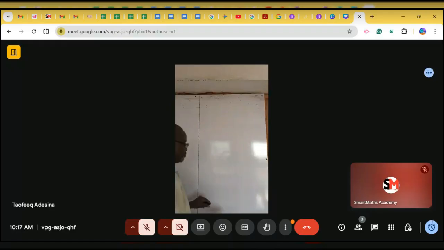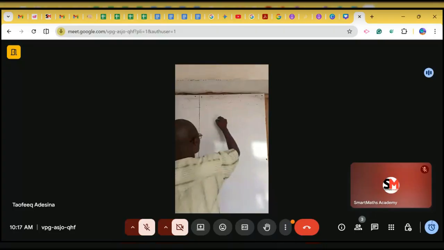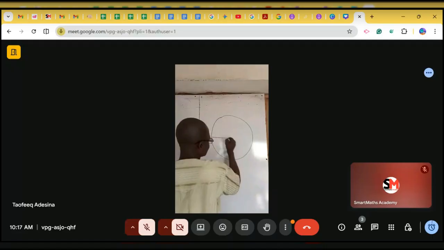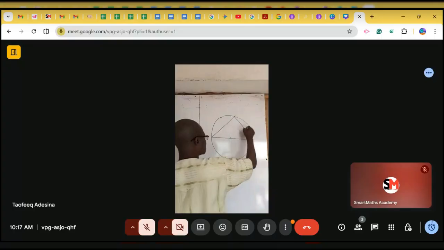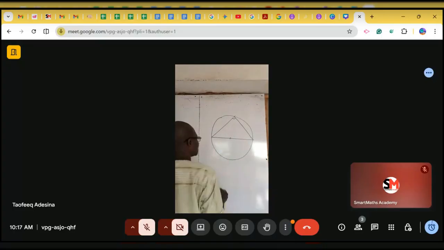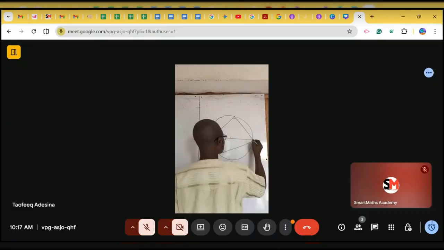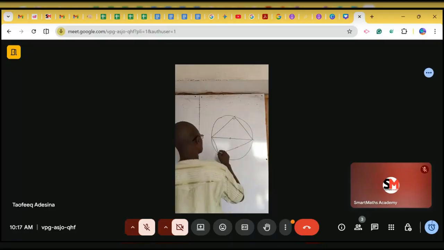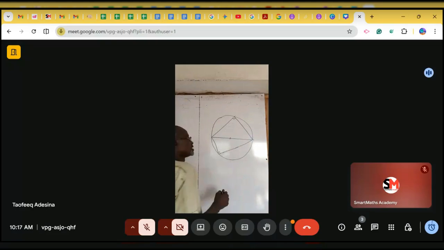Now, let me go to that last theorem. This is the diameter. Any angle that forms like this must be a right angle. That's the law. Let's say we have another one here. This angle is 90 degrees.